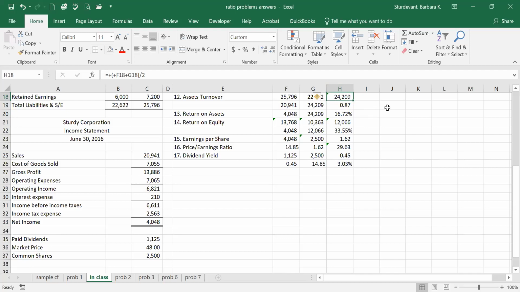These ratios, managers are going to keep track of these ratios, and they're going to see how they change from year to year. Some of them you want to see go up. Some of them you want to see go down, depending on what they are. You can also compare your ratios to the industry.